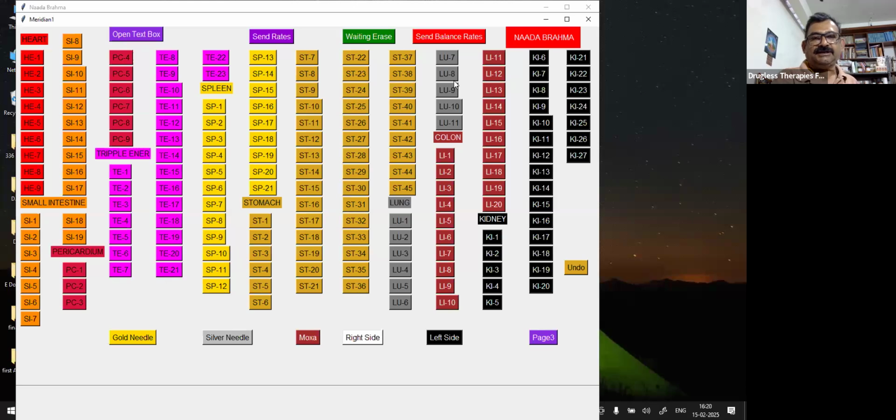Now, if we are selecting a single point, that time we have to press the balance remedy, send balance rate, and at the same time we have to set our machine into the as-it-is position. See, this is Lungs 11.